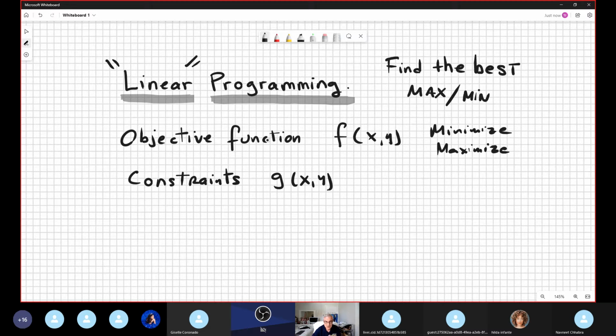Now, these constraints give me, for example, this region, similar to the region that we studied before. It's an important moment now. Look, this is the feasible region. This is the area in which the problem makes sense. Outside, it's a nonsensical situation.